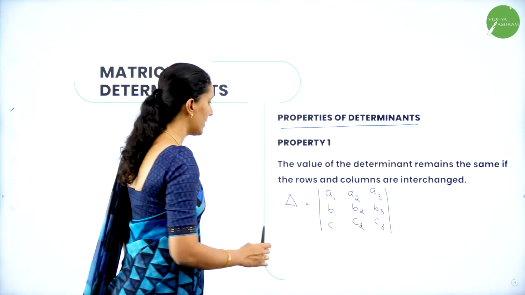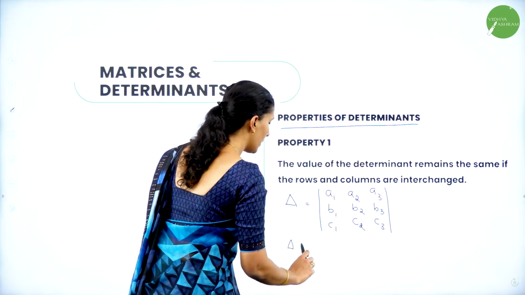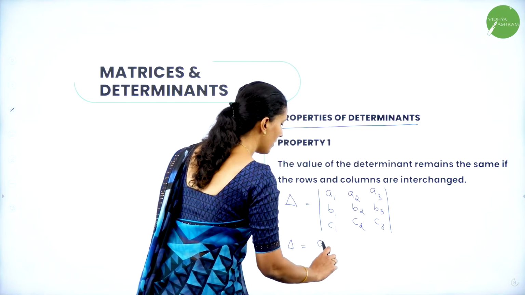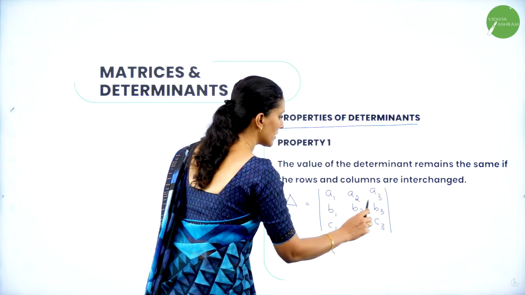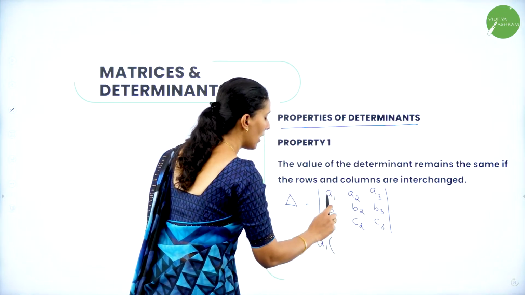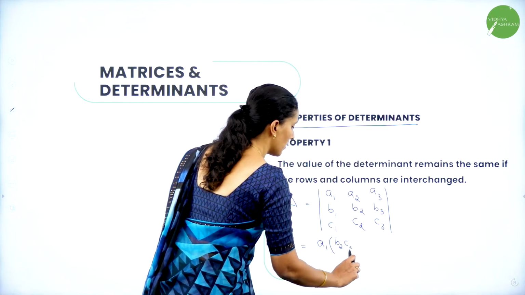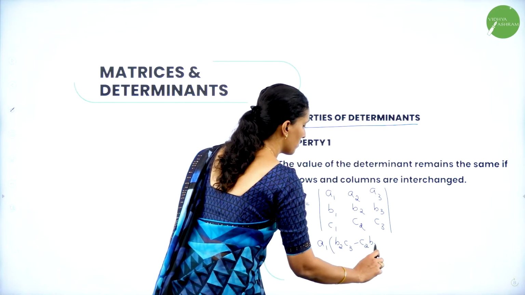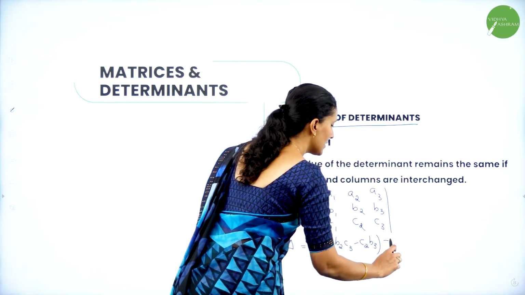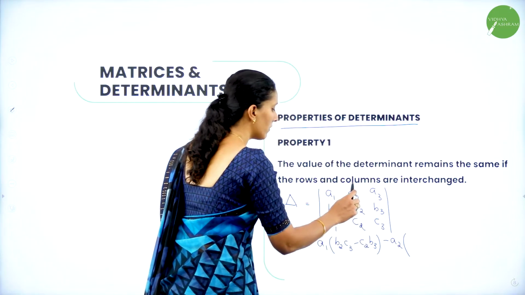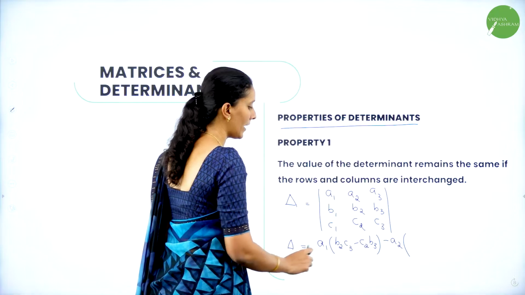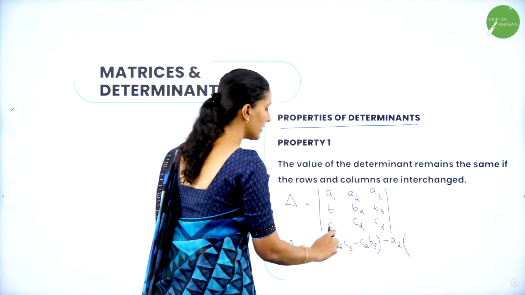So, if you expand this, then delta will be A1 into, leaving the column and row, you will get B2 C3 minus C2 B3. Next you have minus A2. So, leave the column and row containing A2, you have B1 B3 C1 C3.